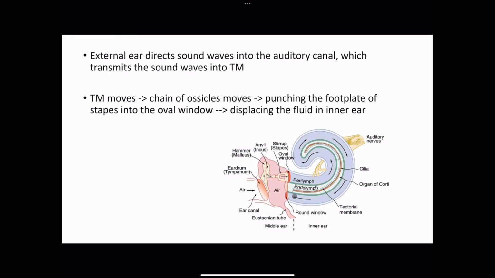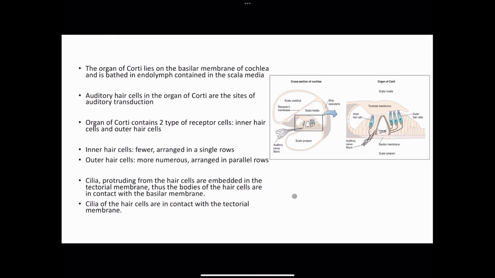Okay. Next, the organ of Corti lies on the basilar membrane. Here's a picture of the cochlea, and this is the organ of Corti. The organ of Corti lies on the basilar membrane of the cochlea and is bathed in the endolymph contained in the scala media. Auditory hair cells in the organ of Corti are the sites of auditory transduction.